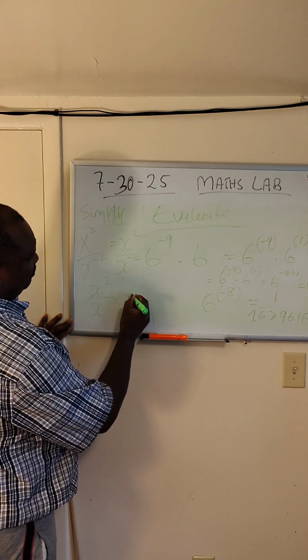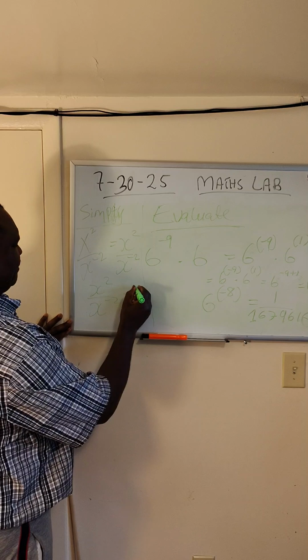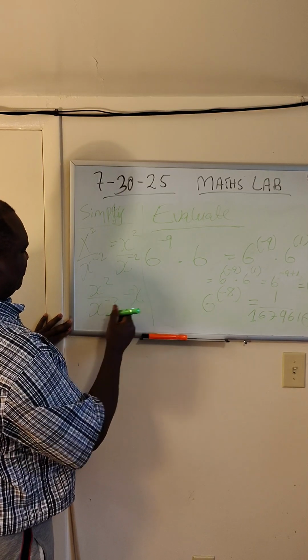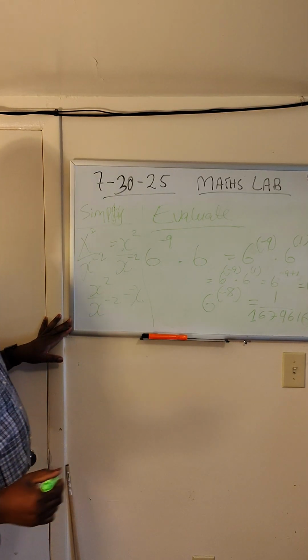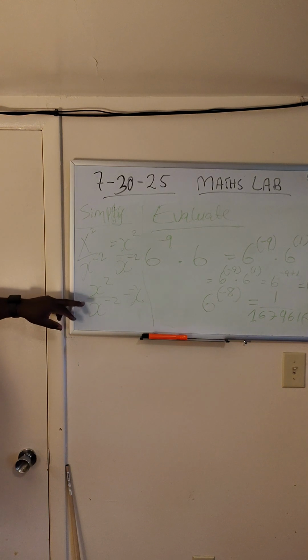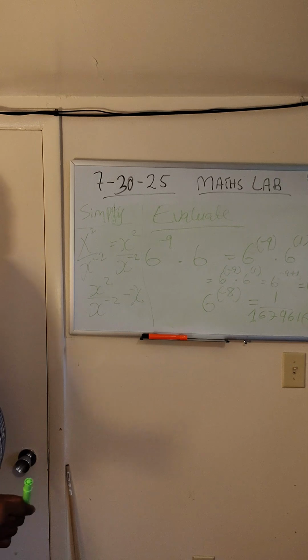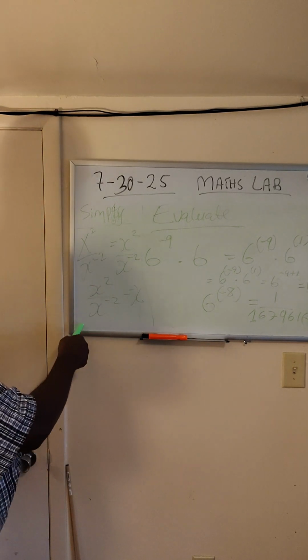And this now gives us x, because it's like x times x. So what happens now is we are just multiplying across.